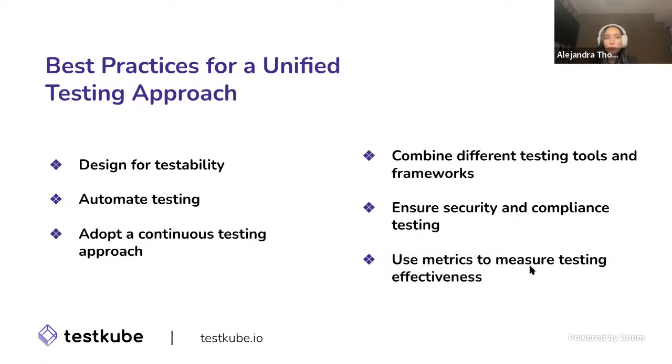You shouldn't have to run your entire application just to do this. Finally, the use of centralized metrics is a sure way to alleviate multiple headaches and measure your testing effectiveness easily. But like I said before, this may sound easier said than done. So now I'll pass it on to Abdallah, who'll go into detail on how exactly we achieve this with Testcube.